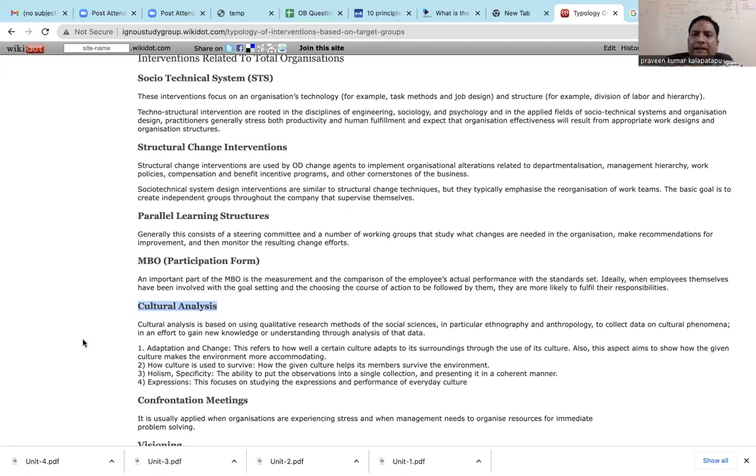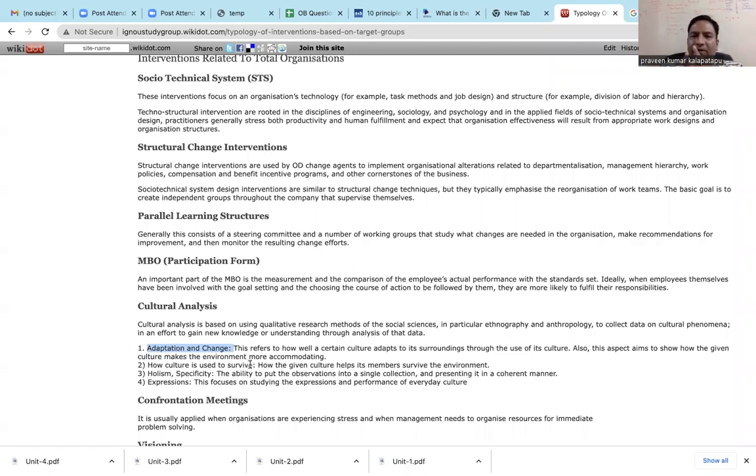Theme 1 is adaptation and change. Here you are analyzing how adaptation would happen for a particular change: whether my organization would receive this change in the right way, whether they will be able to adapt.